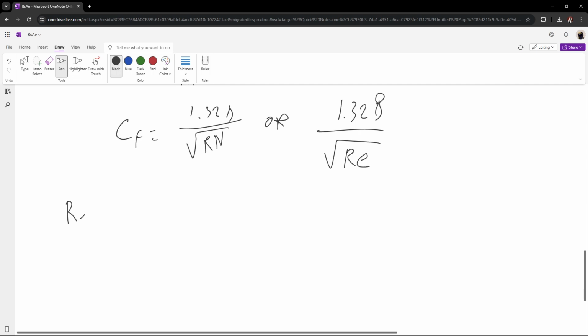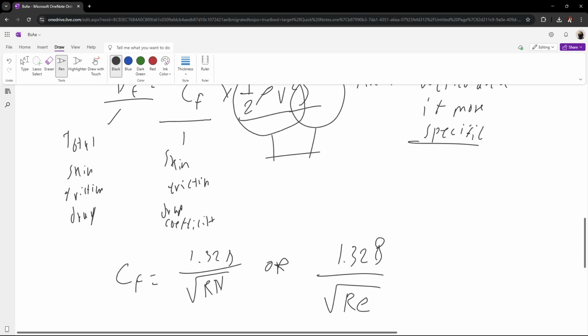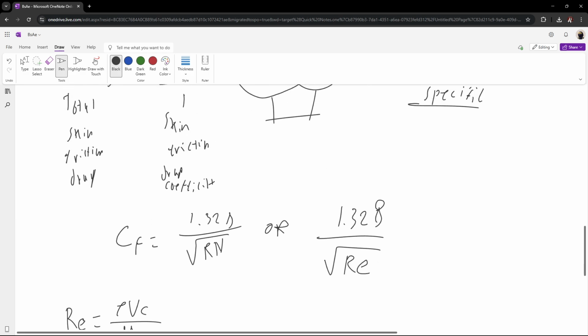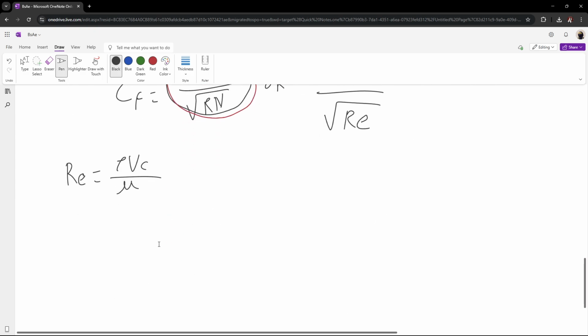But also know that Reynolds number is equal to rho Vc over nu, and thus we substitute this base formula for Cf here.